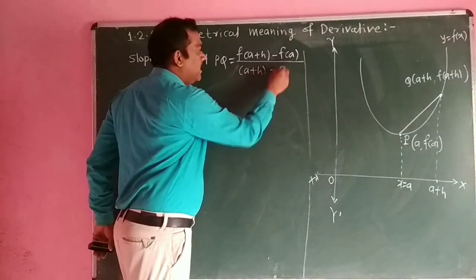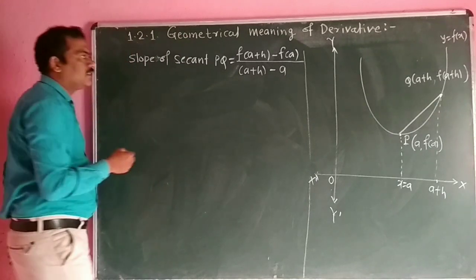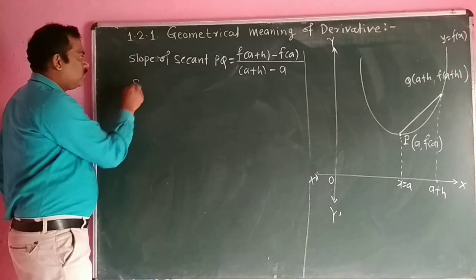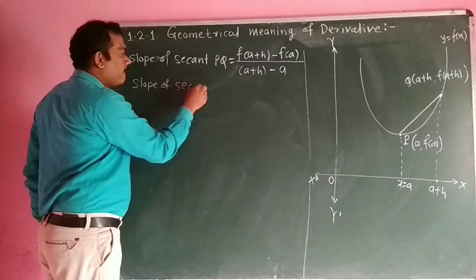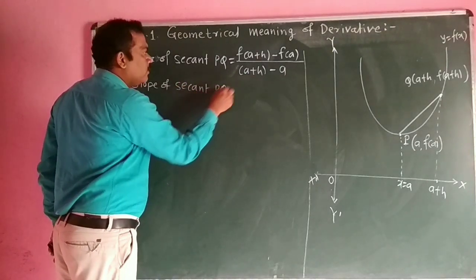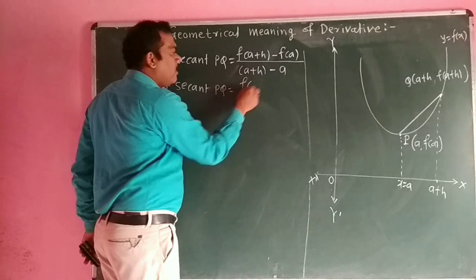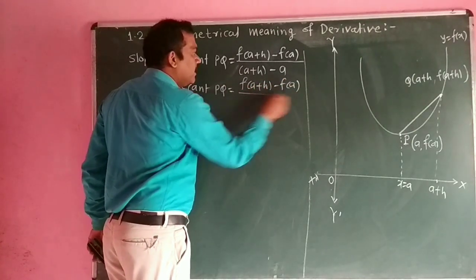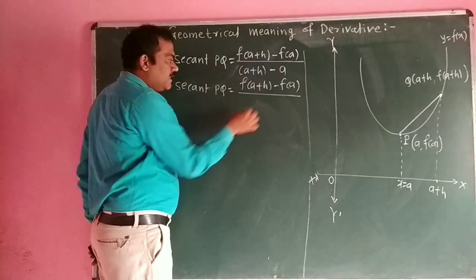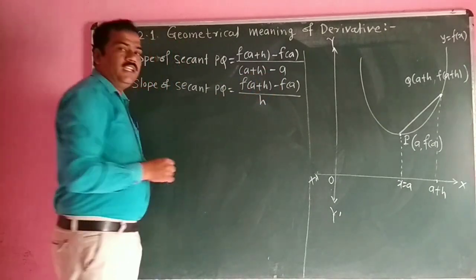If you simplify this, the slope of secant PQ is equal to f of a plus h minus f of a, divided by h. Here plus a minus a get cancelled, so only h remains.